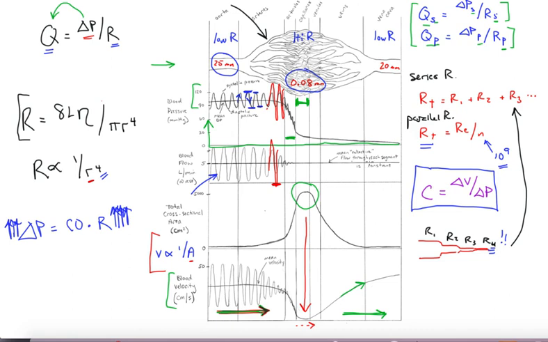You get over into the veins, and we have much greater compliance. The delta V over delta P comes out much higher, because a small change in pressure will distend those vessels dramatically, meaning we get a very large change in delta V. So large over small equals high compliance.